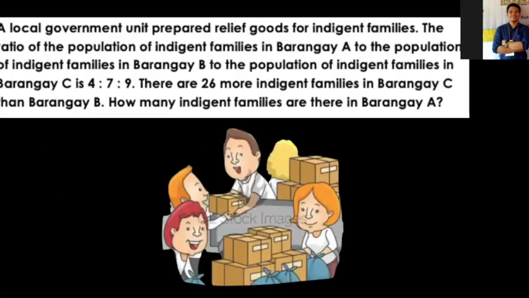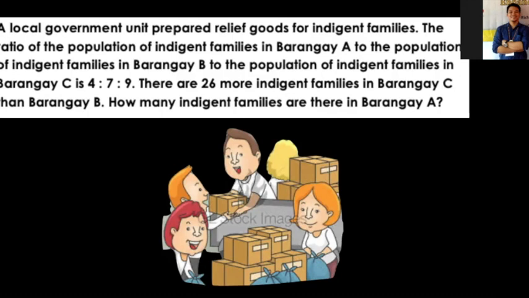A local government unit prepared relief goods for indigent families. The ratio of the population of indigent families in Barangay A to the population of indigent families in Barangay B to the population of the indigent families in Barangay C is 4 is to 7 is to 9.